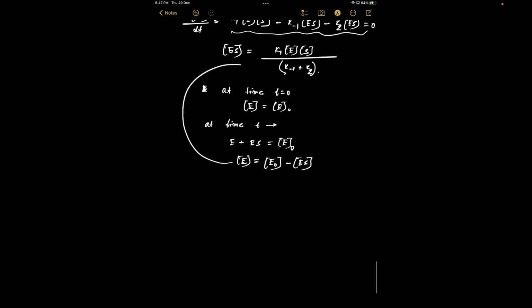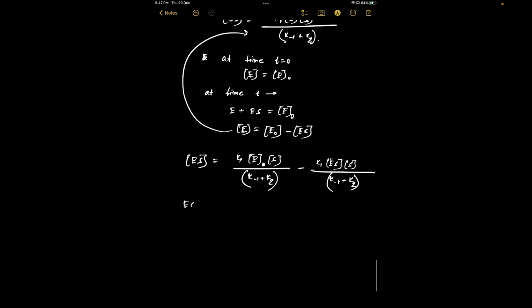So if you just put it here, k1 times E0 times S divided by k minus 1 plus k2, minus k1 times ES times S divided by k minus 1 plus k2.